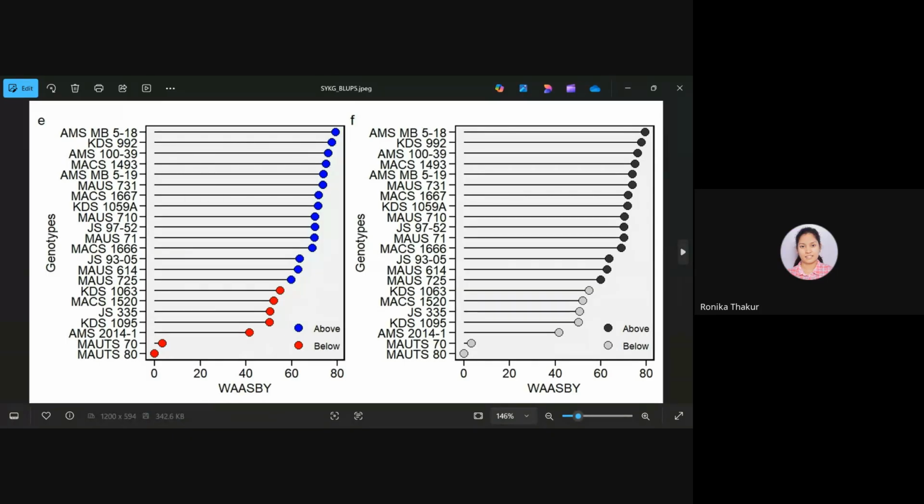So, could you please kindly explain the importance of this error bar? Yeah. So in our first graph also, we have seen the error bars, and here also you can see the error bars are there.